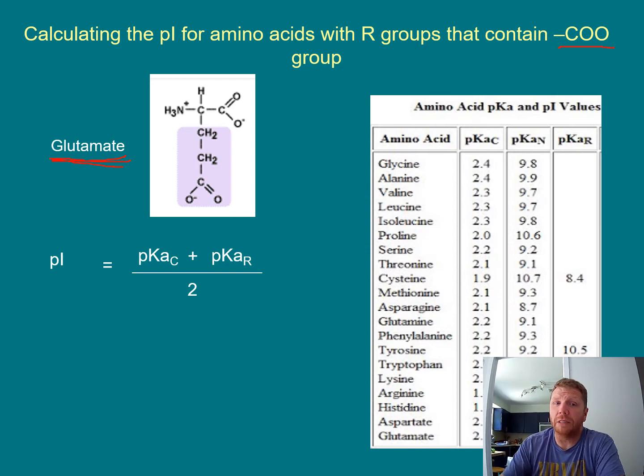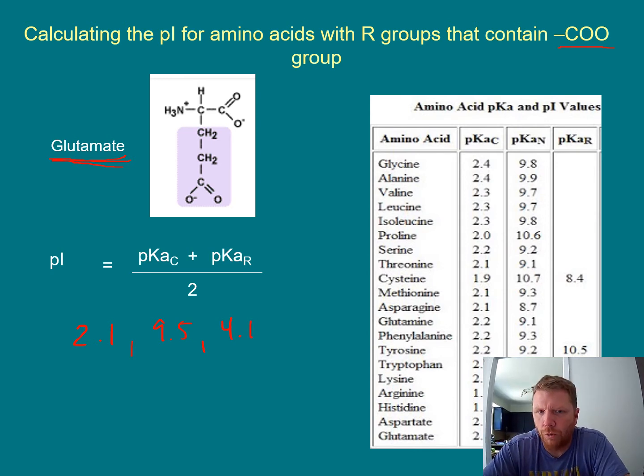The way I like to figure this out is to look at my groups and ask, what are my pKa values? My head is thankfully hiding these, but I have ways of navigating around this. My pKa for glutamate is 2.1, then I've got 9.5 and 4.1.